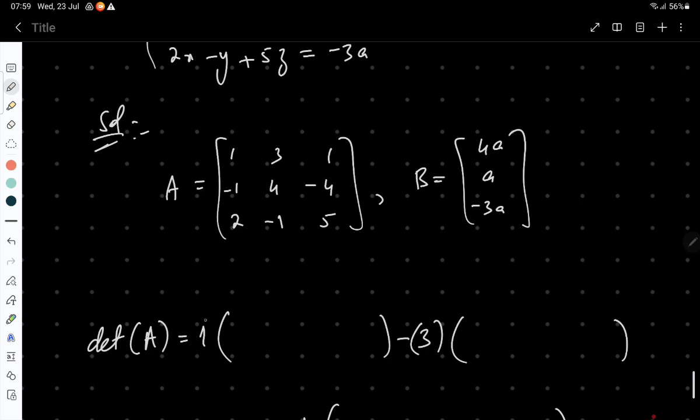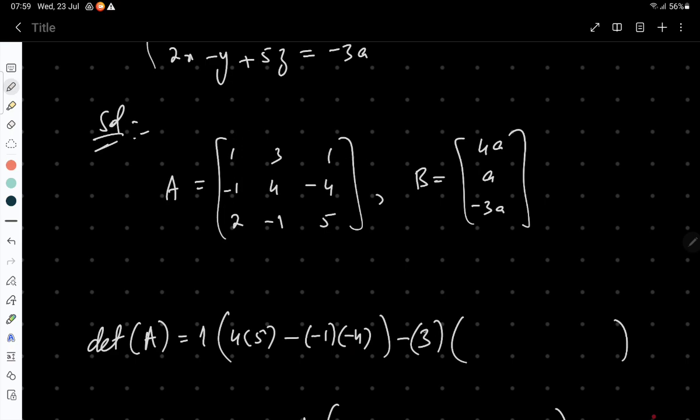What is this something? You check, I have written 1 here. So if I write 1, that means I will kill this column and this row, and I will write the determinant of this matrix here. What is the determinant? 4 times 5 minus 1 times minus 4.